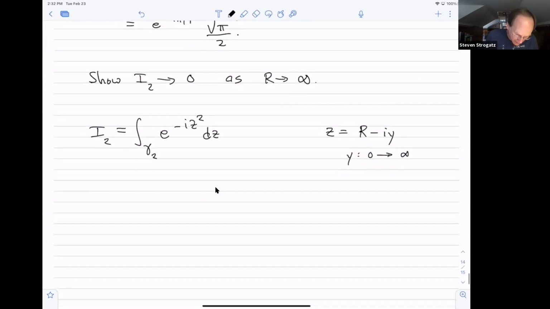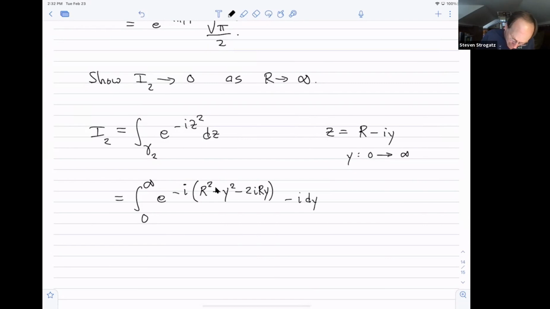Now substitute in. So you get the integral from 0 to infinity of e to the minus i, squaring the z, I get r squared minus y squared minus 2iry, all up in the exponent, times minus i dy.